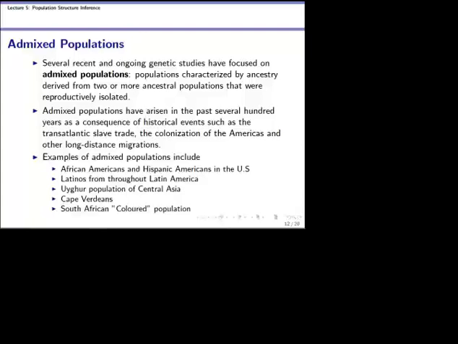Okay? Colonization of the Americas. So all the Hispanics, Latinos, South Americans are all admixed. All have European ancestry, Native American ancestry, some African ancestry, particularly those regions where slaves from Africa were brought. So their genomes are even more complex than the typical European.